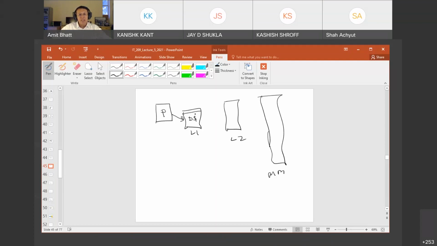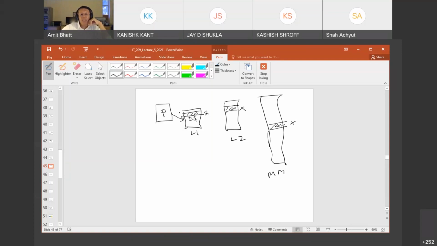Each one of these has a copy of a particular block X. The block X is present everywhere. Now P wants to change a value in X. One of the words in block X, P wants to rewrite or update.